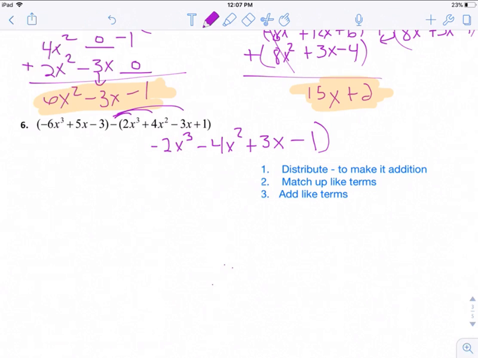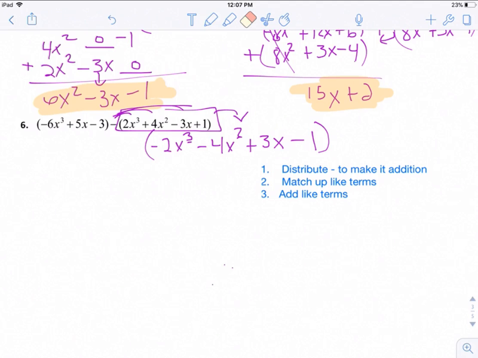So this is our second set of parentheses. So this one is now changed. And we know that it goes cubed, squared, variable, and constant, so it's already in standard form.